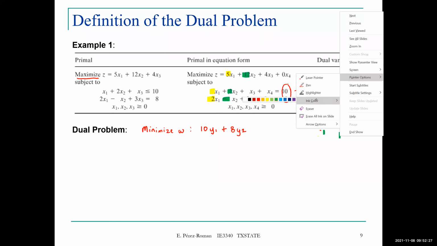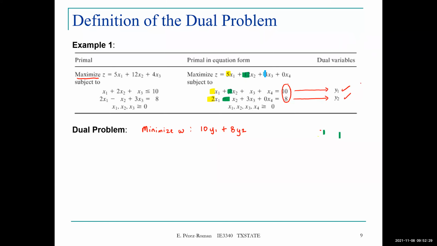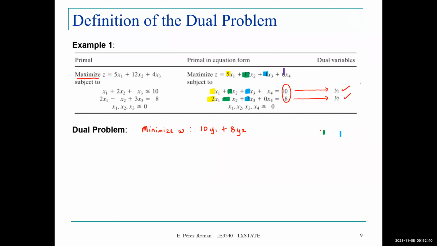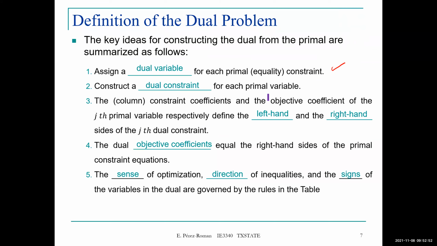My third constraint is going to use these coefficients. And my fourth constraint is going to use these coefficients. Okay, so I'm going to have a constraint based on each of the decision variables, as stated here.